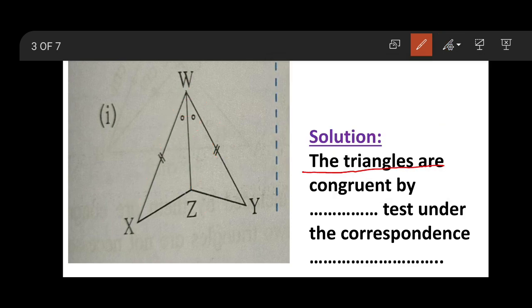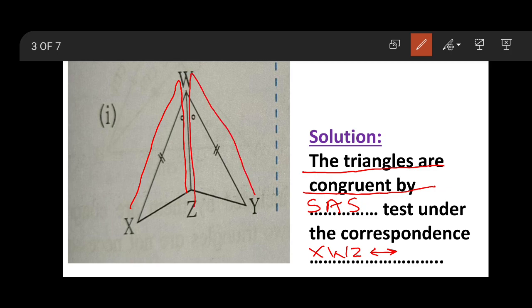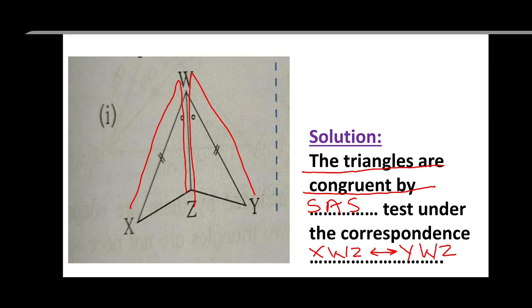The triangles are congruent by side angle side test, means SAS test, under the correspondence. How to write the correspondence? We'll start with XWZ. XWZ corresponds with YWZ. This will be the way to write the correspondence. So this was the solution for the first one.